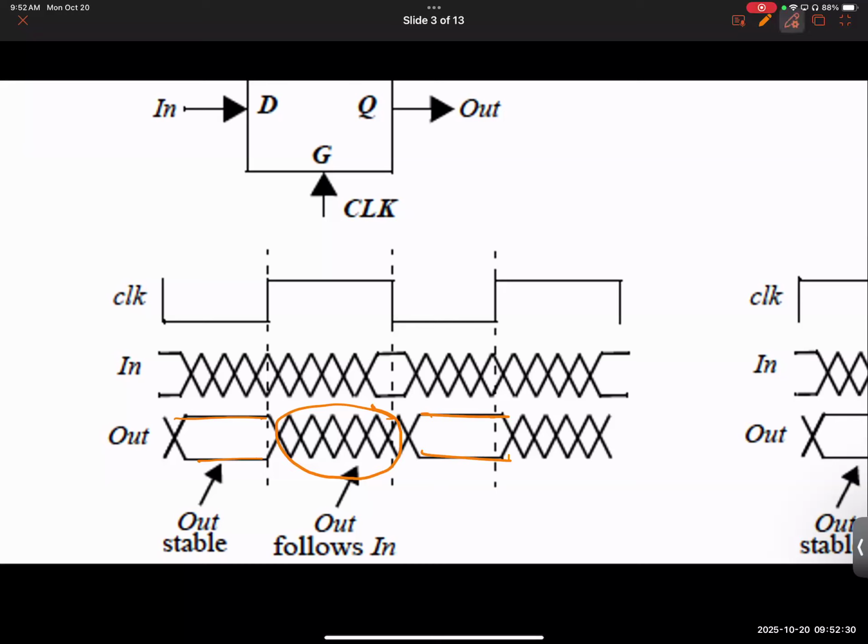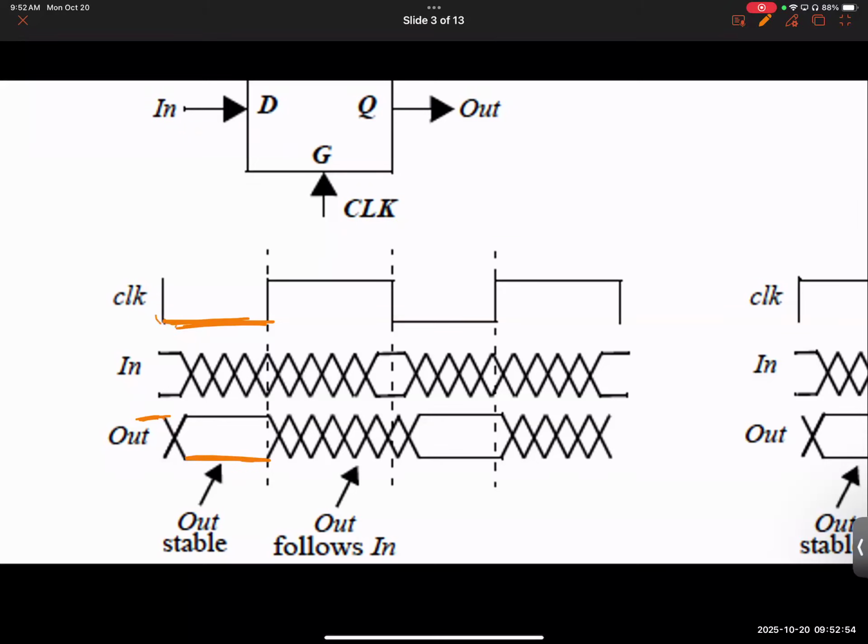Okay, let me explain when the output behaves the way it behaves. All right, notice when the clock is 0, and we assume, by the way, without any loss of generality, that our output was 0 to begin with here.